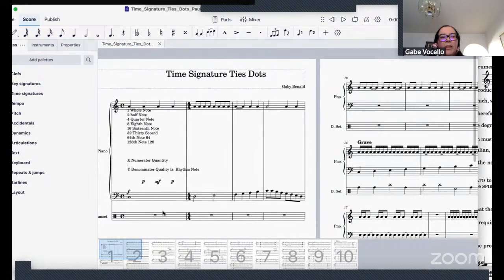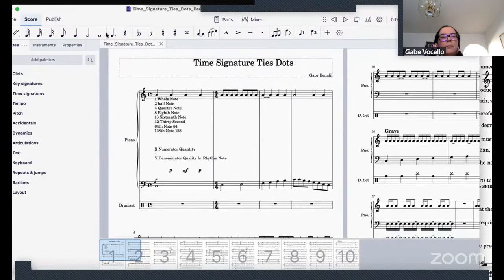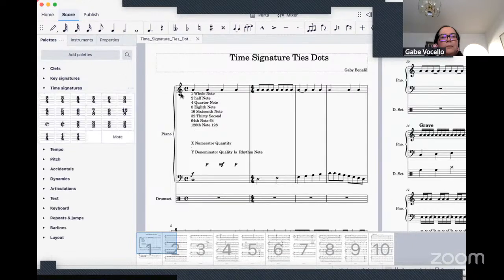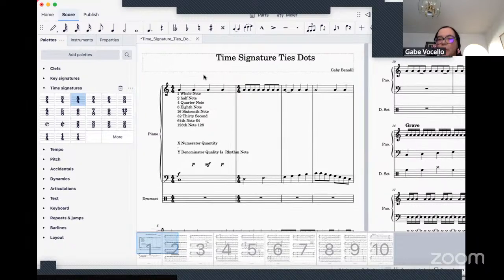In this case here, the C means common time, which is a 4/4. For quantity, and for the quality, the quarter note, because it's 4 quarter notes for one whole note.